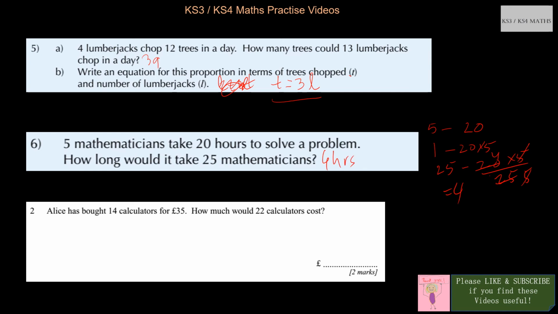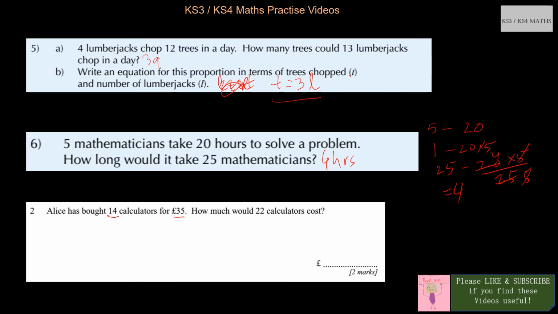Okay, the next one is: Alice has bought 14 calculators for £35. How much would 22 calculators cost? So 14 calculators cost £35, right?